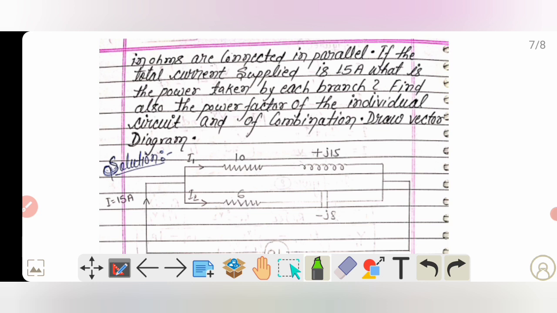If the total current supplied is 15 ampere, meaning the value of I, the whole current, is 15 ampere, what is the power taken by each branch? We have to calculate the power taken by each branch, and also find the power factor of the individual circuits, that is, the value of cos phi for each circuit. We also have to draw the vector diagram or phasor diagram.